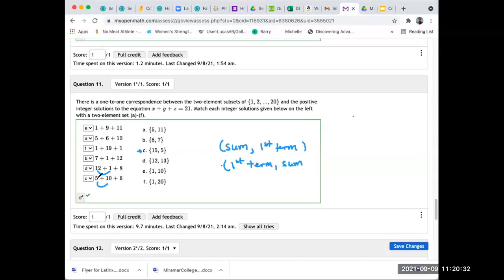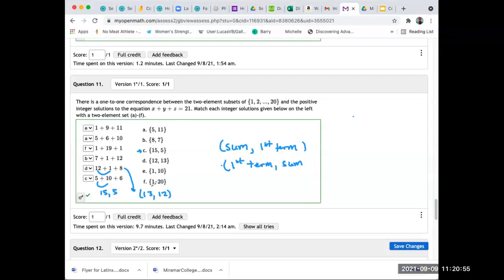Let's see. So let's look at all. The sum is 15 and the first term is 5. The sum is 13 for this one, and the first term is 12. Okay, but these are switched. Oh, okay, I don't think the order matters.